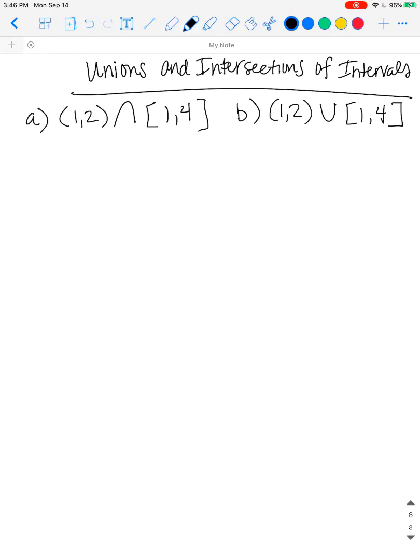Okay, so we're going to go over them together. So here we have our number line. Let's mark 1, 2, 3, 4. Our 1 and 2 is open, and it's here.